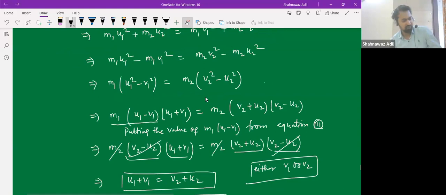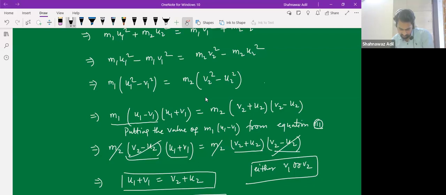So let me check what is the V1 that we normally get. We generally get M1 upon M1 plus M2 V1.